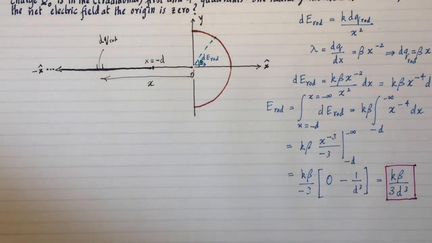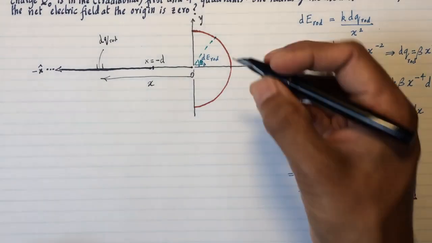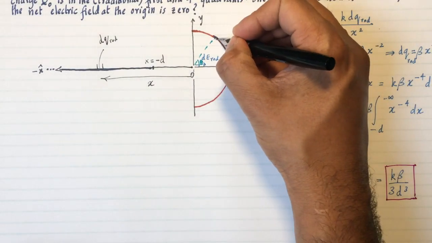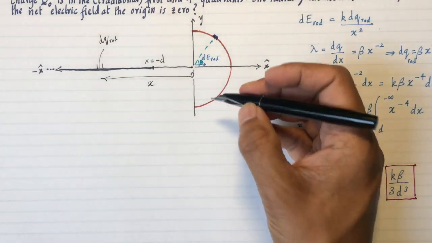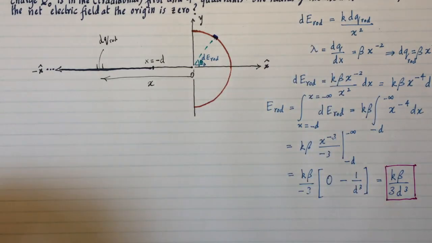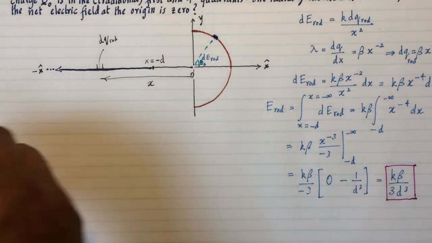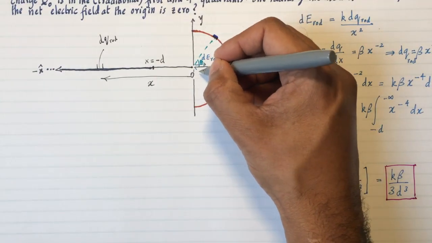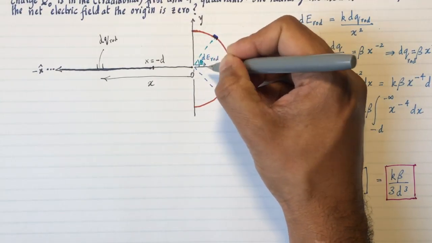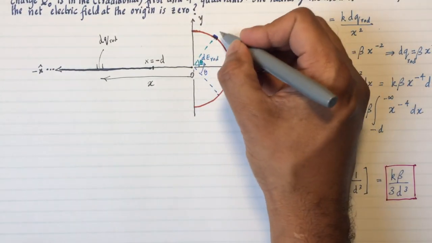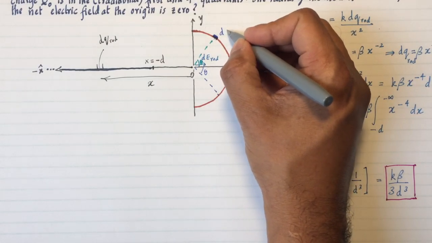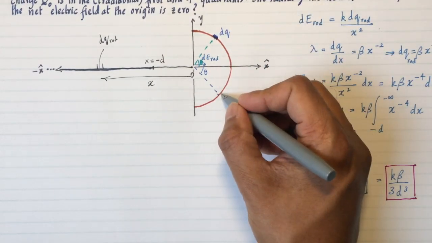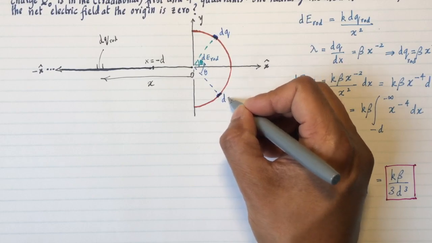There's going to be an arc element on the charged arc, and we'll also take a corresponding mirror symmetry element on the other side at the same angle theta. So this will be called dq, and that will be called dq prime.